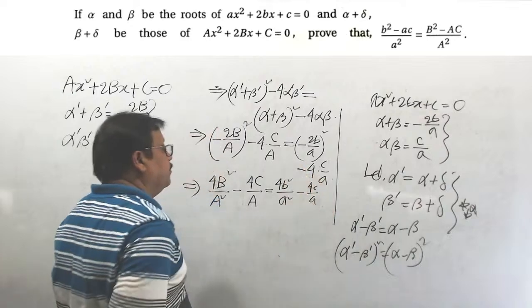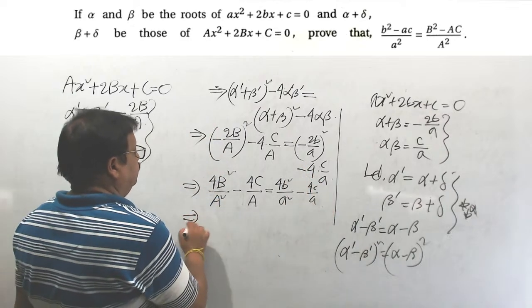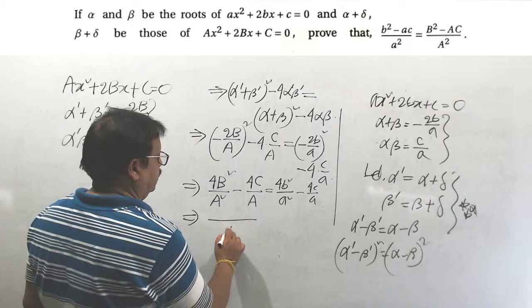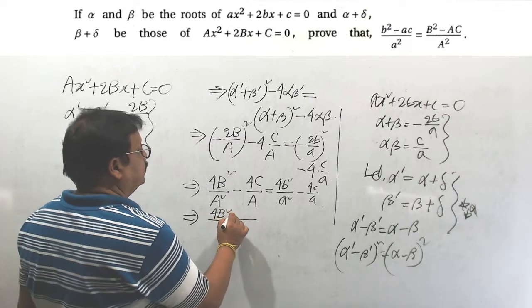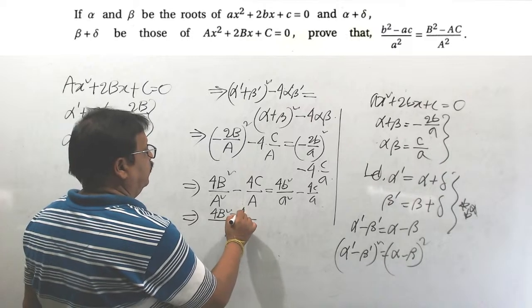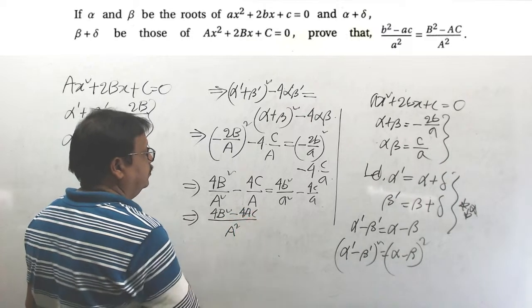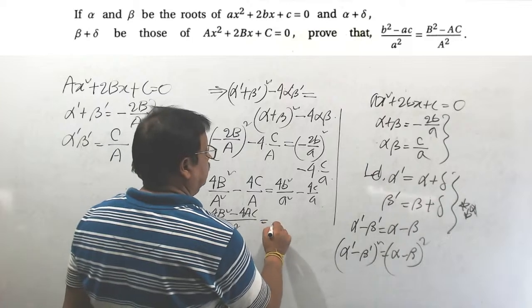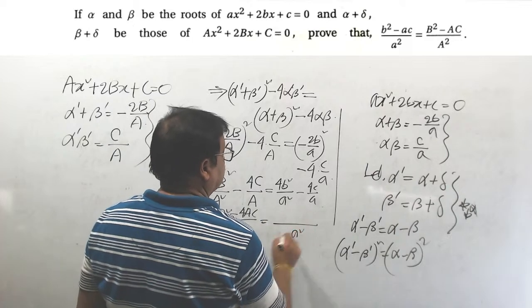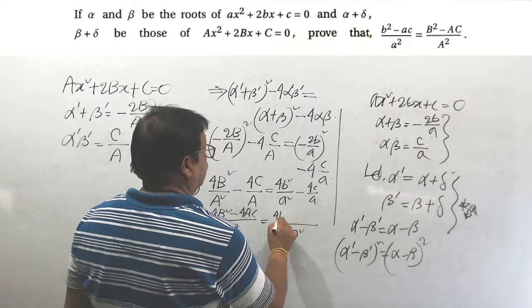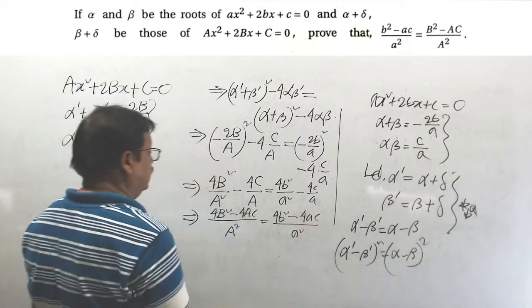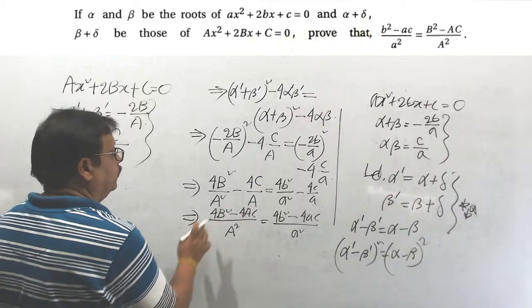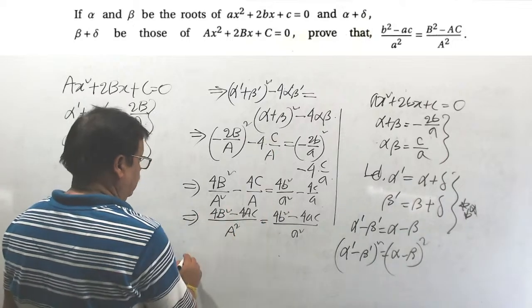These are small a. LCM a square, that is 4 b square minus 4 AC. Understood? This equals small a square LCM, 4 b square minus 4 AC. 4 cancels 4.